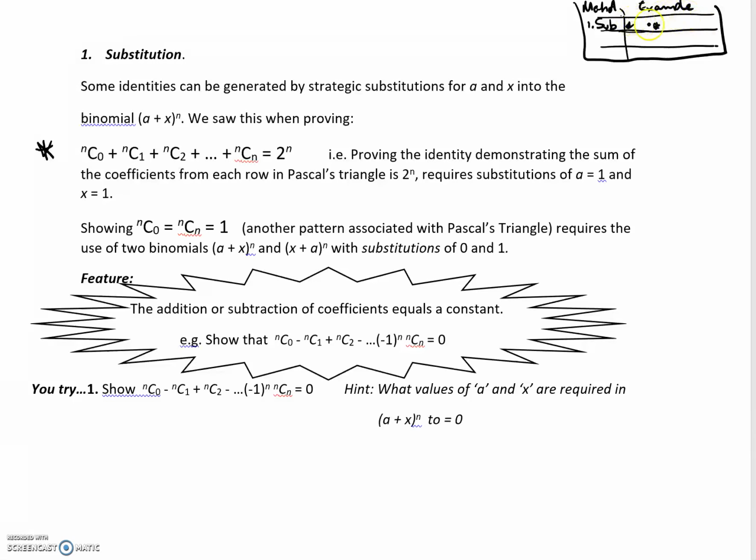So you're going to build yourself a bank of examples of identities, all listed here, which are shown or proved by this substitution method. Your next one is going to be calculus. And again, as you show or prove an identity using calculus, either differentiating or integrating, when you've finished, simply write what the identity actually was in this space.